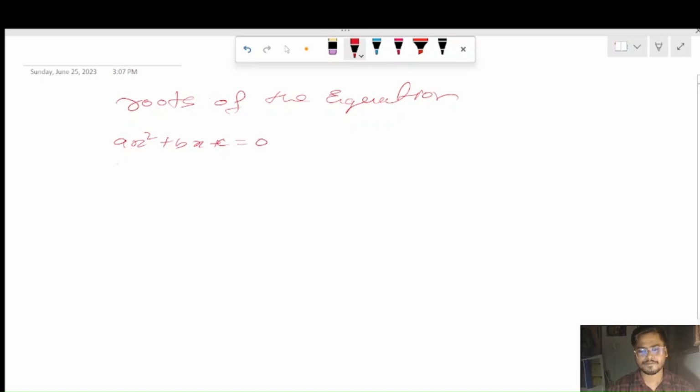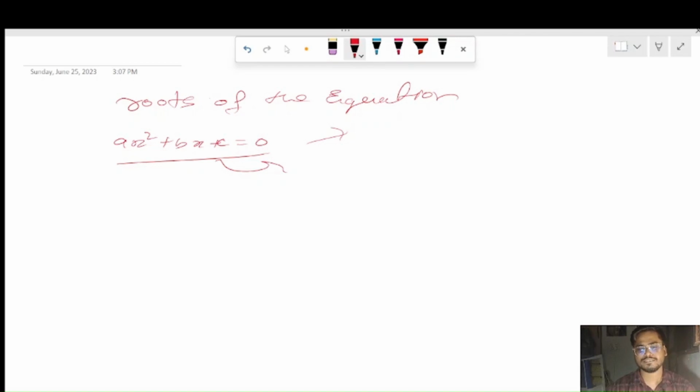Now we have to find the roots of the equation. There are a lot of methods to find them. Basically we will learn 2 to 3 methods here to find out the roots of the equation. So the first is the Sridhara formula.